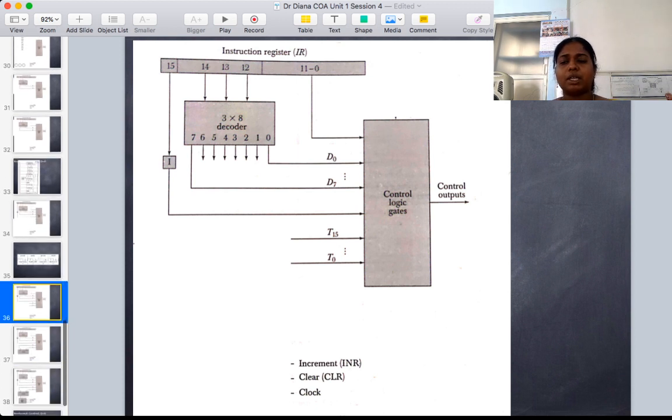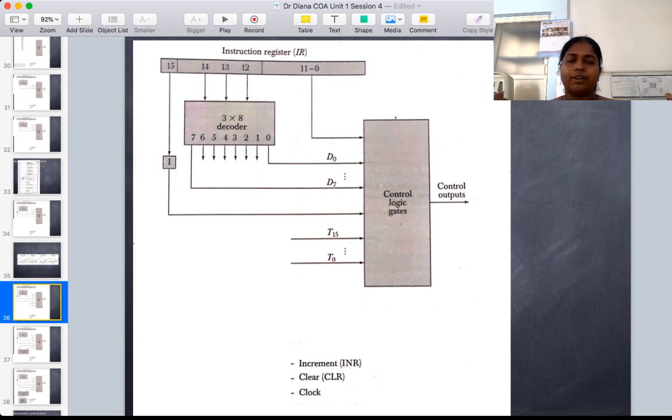These timing signals depend on the instruction, and they also indicate what portion of the instruction we are executing. For example, when we executed the read instruction, we saw 3 different operations to be performed.